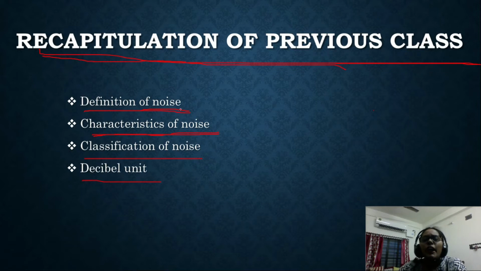Generally we have seen sound, and there is a difference between sound and noise. Sound is a wave function, so it has all the characteristic parameters like the wavelength, the amplitude, the frequency, the intensity, the pressure.